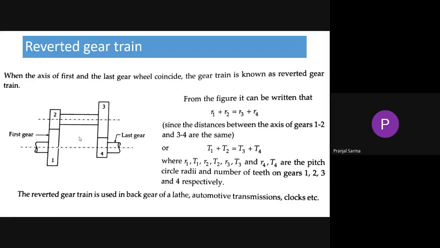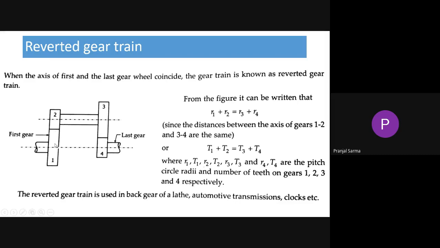Now from this figure, what can we write? Considering gears 1 and 2 and 3 and 4, this is the axis position on one side and this is the axis position on the other side. So they are parallel, and this distance is the same as this distance.